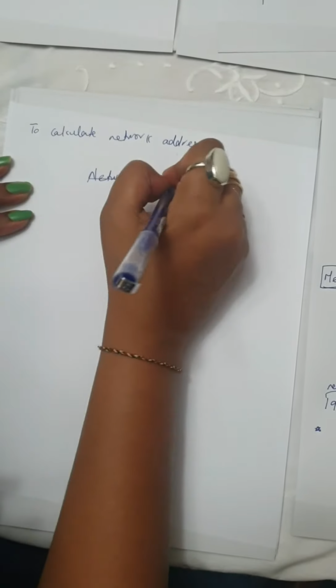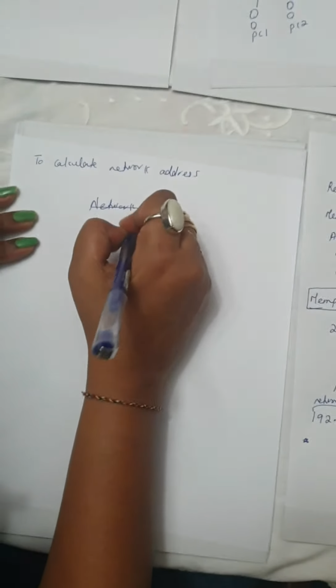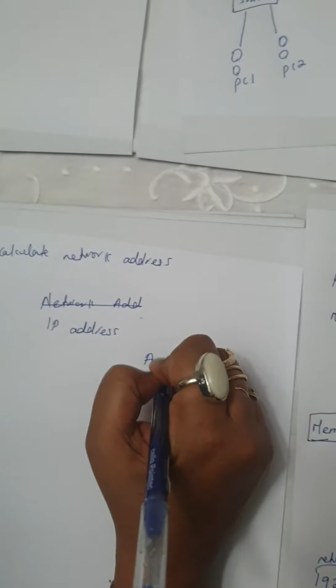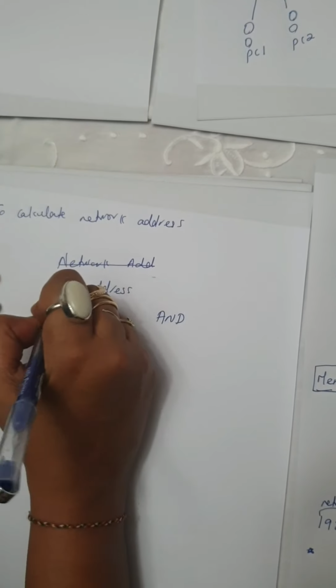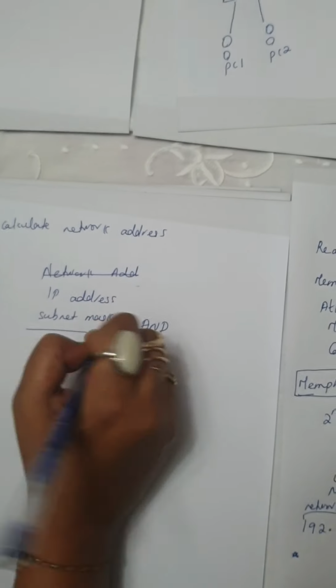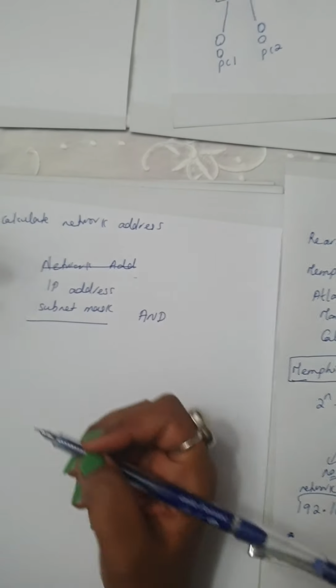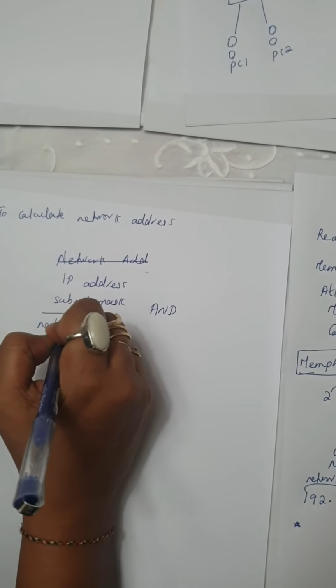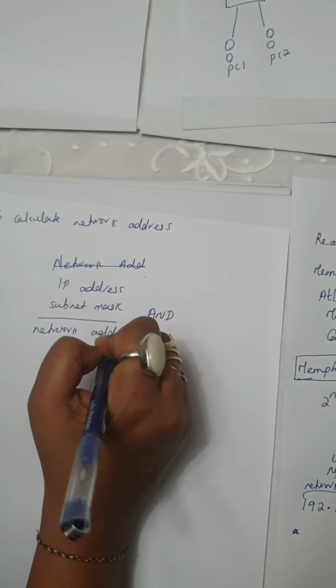We take the IP address and perform an AND operation with the subnet mask. So when we perform an AND operation between the IP address and subnet mask, we obtain the network address.